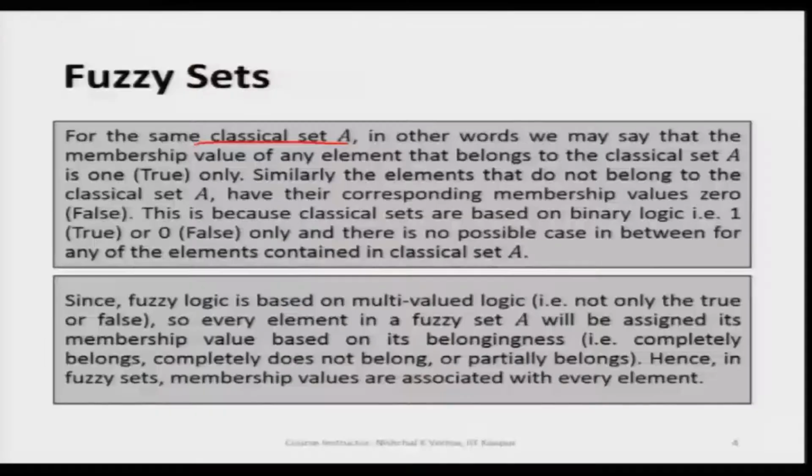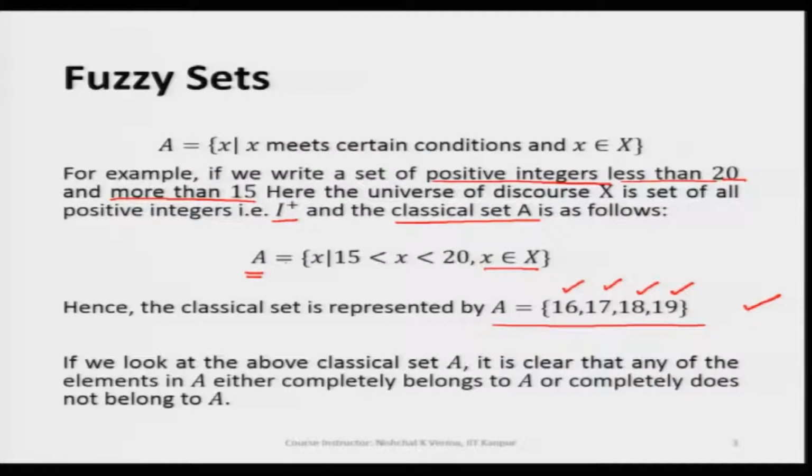In a classical or conventional set, the elements that are present are present with 100% membership value. So, the membership value of 16 is 100%, although it is not written.